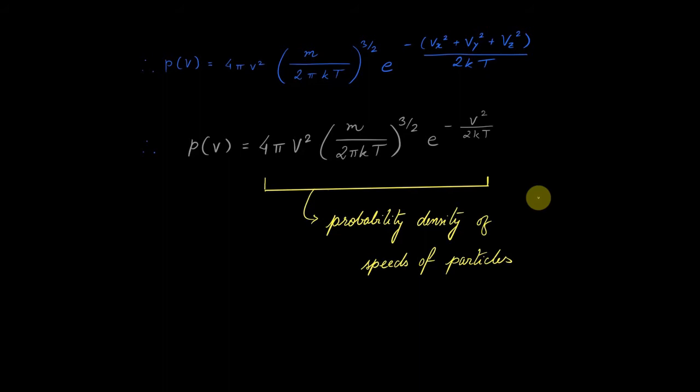Just to bring more clarity, let's try and understand an example of how this can be used. Say I have 1,000 particles of argon and I want to give each of them some speed, and I don't want to assign a random speed to them because I want to ensure that after assigning speeds to all those 1,000 particles, my system's temperature is, say, 300 Kelvin. So for that, in this expression for probability density, I'll replace T by 300 and feed this into the computer.